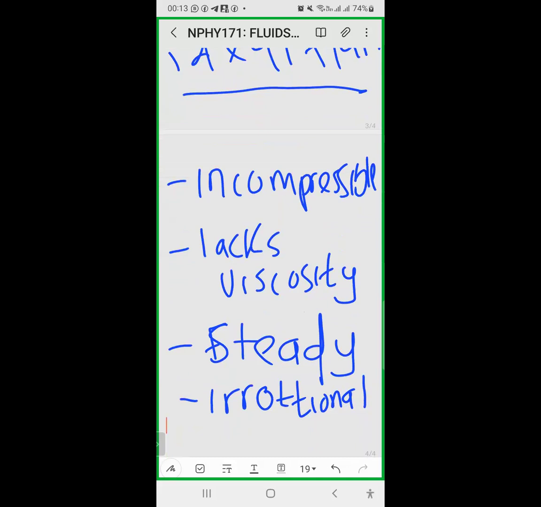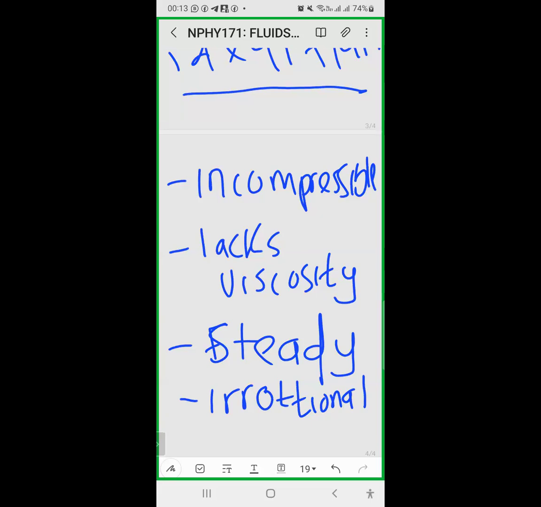For example, you assume that your fluid is incompressible, there is no change in density, therefore the density at point A is equal to the density at point B. These assumptions will help you reduce your equation into a simpler form and eliminate some of the terms in order for you to solve for what is required.